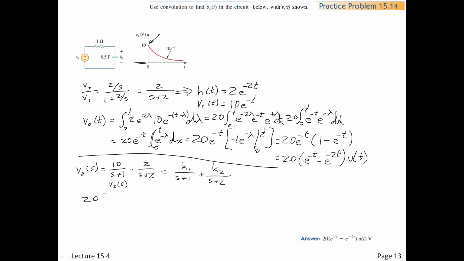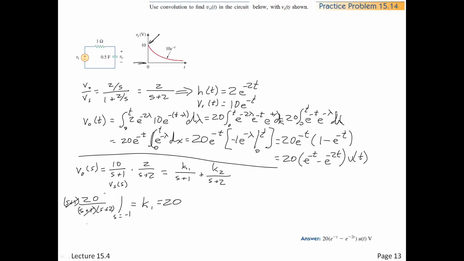To evaluate, we have 20 over (s plus 1)(s plus 2). If we multiply that by s plus 1 and set s equal to minus 1, this will be the constant k1. That cancels, 20 over 2 minus 1 is 1, so this will be 20.